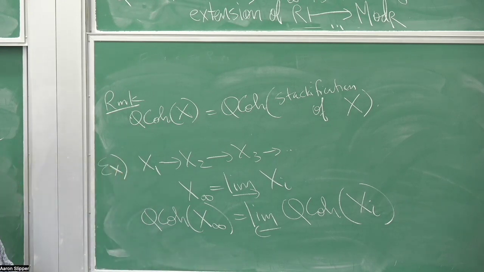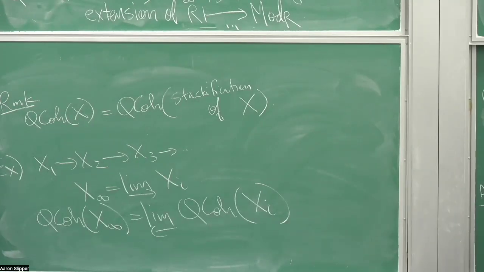So this is a low-tech way to define the quasi-coherent sheaves on the ind-scheme. In particular, this is maybe a lower tech description than in the past.